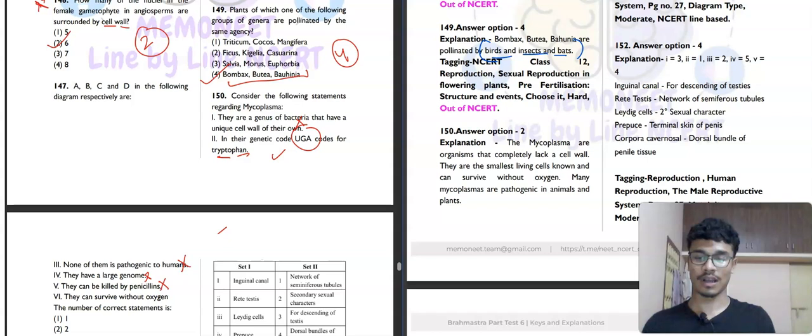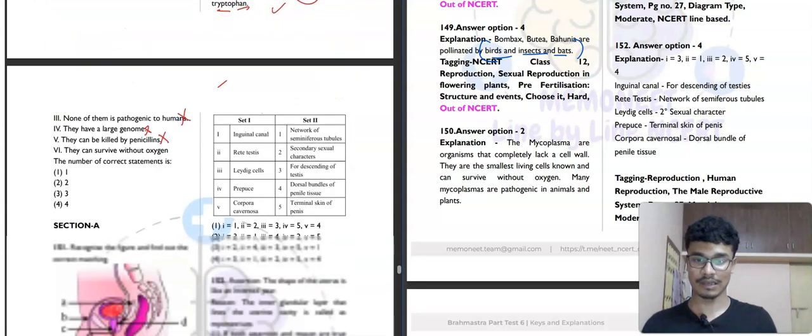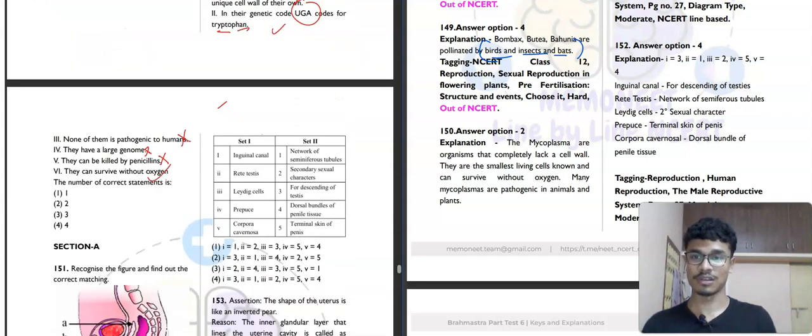This is also not correct, because mycoplasma don't have any cell wall, and penicillin acts on the cell wall. So if they don't have a cell wall, how can penicillin act? That's why they are not sensitive to penicillin. They can survive without oxygen. This is absolutely correct. The two statements are correct. The second option is our correct answer.